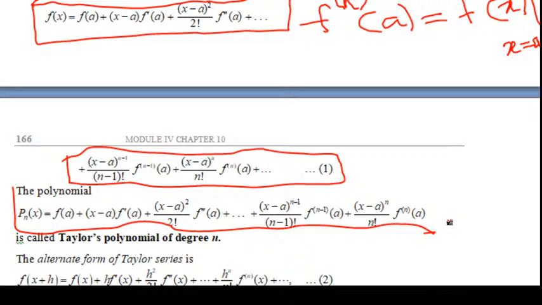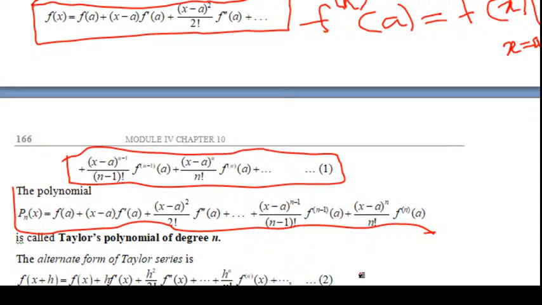Then it is not a series, it is a finite sum. The right hand side here is a finite sum. What about this finite sum? Everywhere there is a presence of x. x is a variable, an unknown, and here we have (x minus a) whole square, etc. The last term is (x minus a) to the power n.